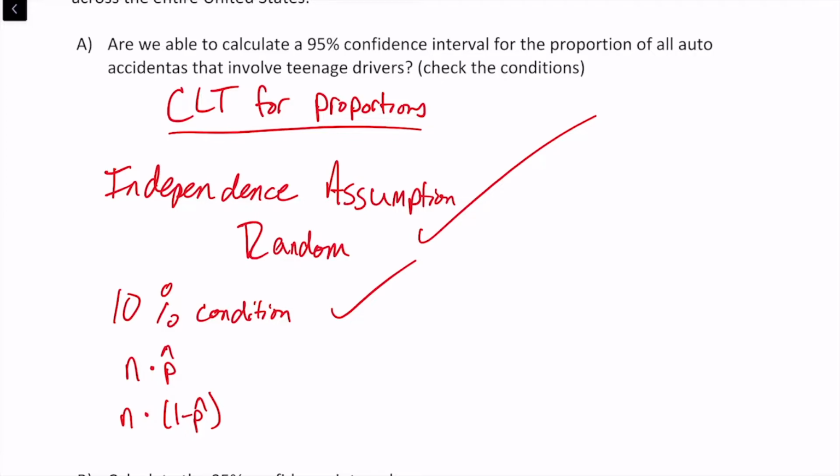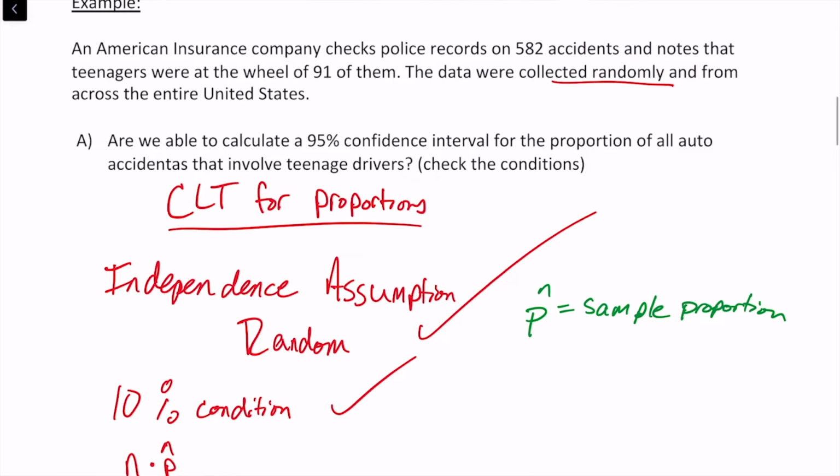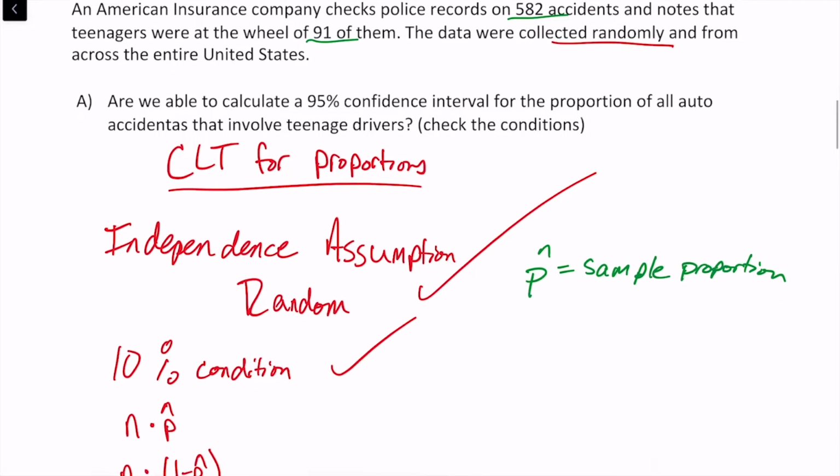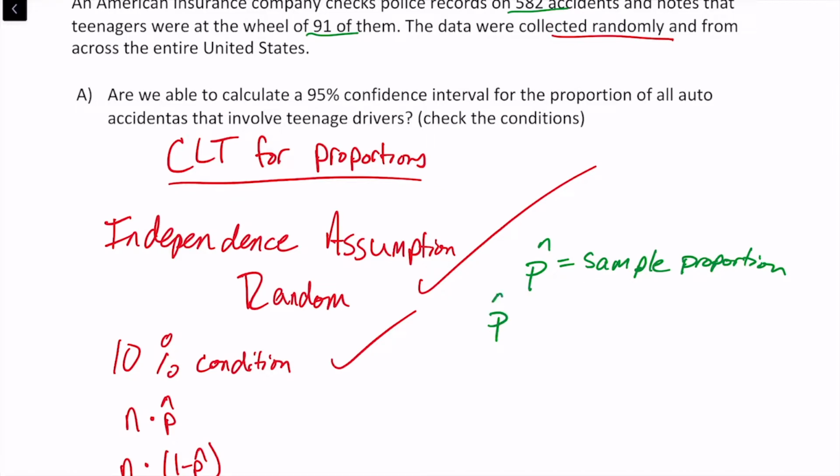Well, what the heck is p hat? P hat, if you recall, is our sample proportion. And how do we calculate that? We go back to our problem. They told us out of 582 accidents, 91 of them were caused by teenagers. I like to think of p hat as x over n. If you're familiar with the binomial probabilities we talked about in previous videos, you take the number of successes, so to speak, and divide it by your sample size.